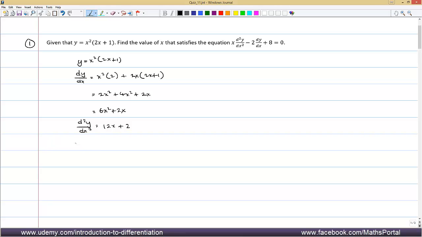Alright, so the equation: we replace the value of d2y/dx2 and dy/dx into the equation. Okay, so open up the brackets.